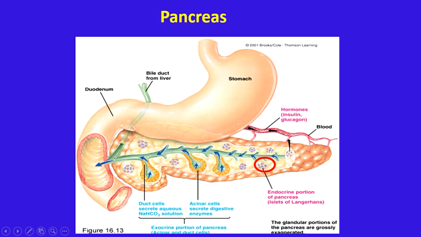You see the highlight in the circle, that's the endocrine portion. We also call this the islet of Langerhans because all the cells are like clusters, like an islet.